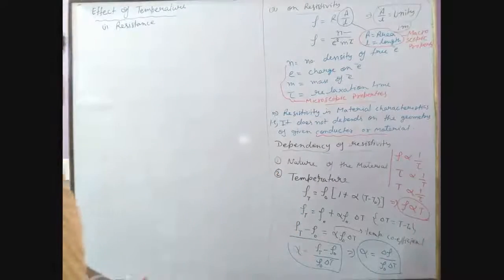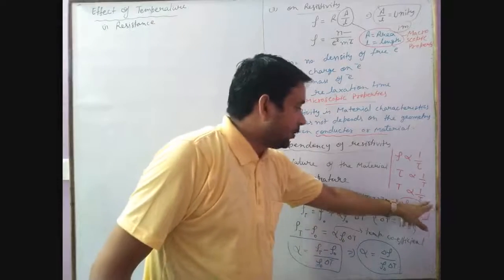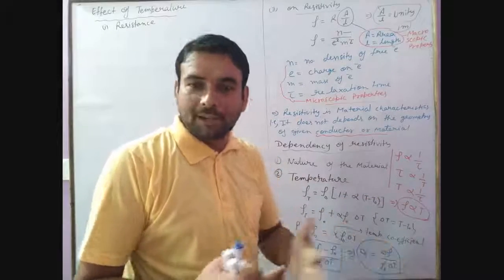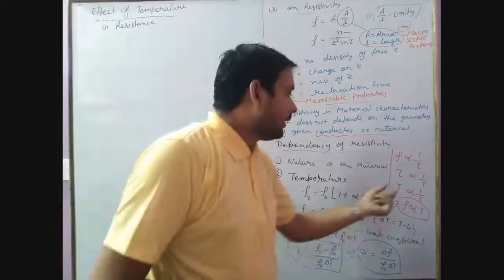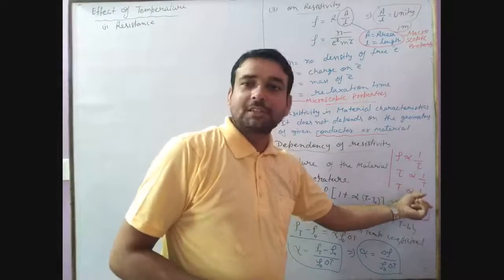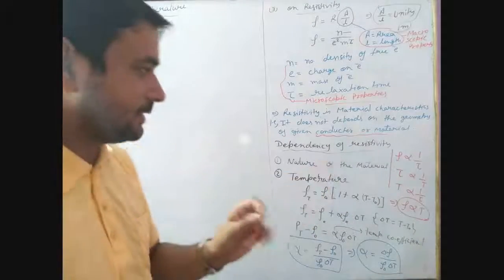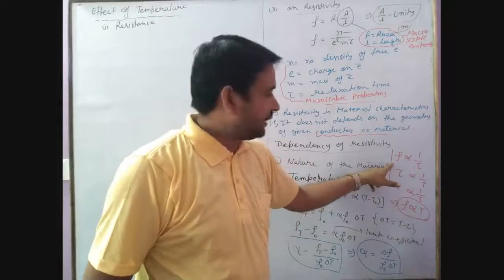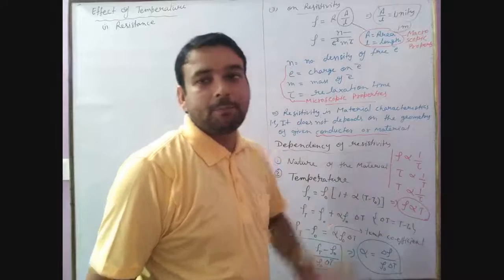Clear? Because as the temperature increases, the motion of the free electrons in the conductor increases and they move very fast. As they move very fast, the time of relaxation between two collisions decreases. As the time between collisions decreases, the resistivity increases, and this is due to the increase in temperature. Clear?